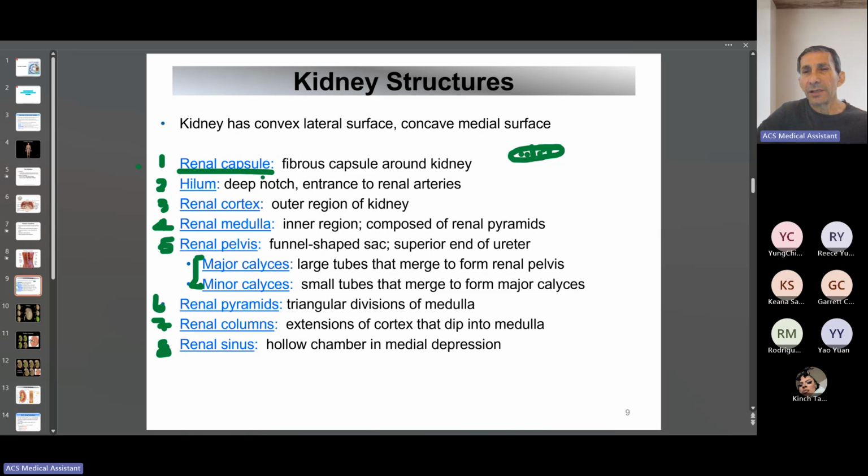So this looks like that. So the kidneys are protected by this capsule. It protects the kidney on the outside. We're not going to call it a membrane, but we assume that it is something like that.